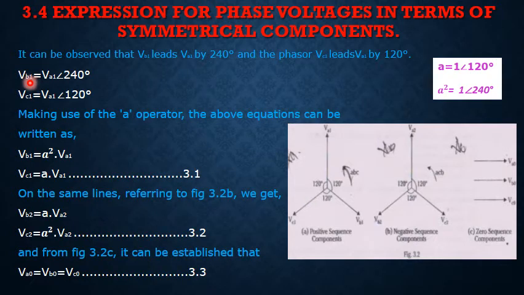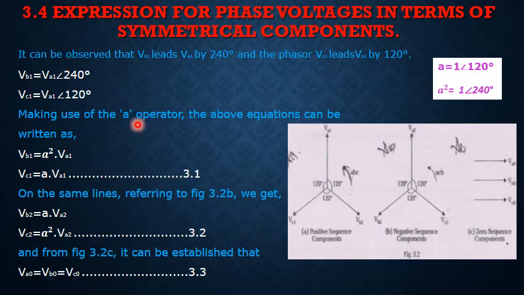So shall we represent this with equations? VB1 is equal to VA1 at an angle of 240 degrees. Similarly, VC1 is equal to VA1 at an angle of 120 degrees.